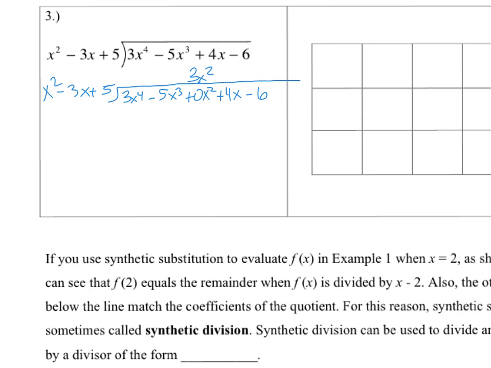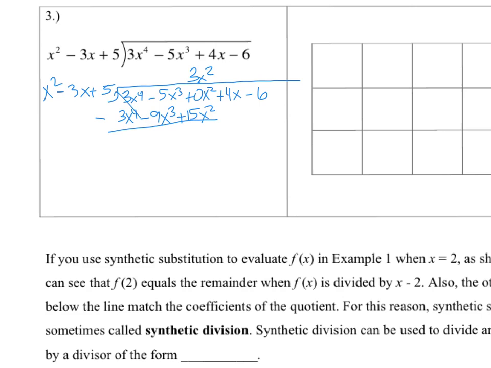So if I do 3x squared times x squared, I get 3x to the 4th. 3x squared times negative 3x gives you negative 9x cubed. 3x squared times 5 gives you 15x squared. So now we subtract. 3x to the 4th, take away 3x to the 4th gives you 0.